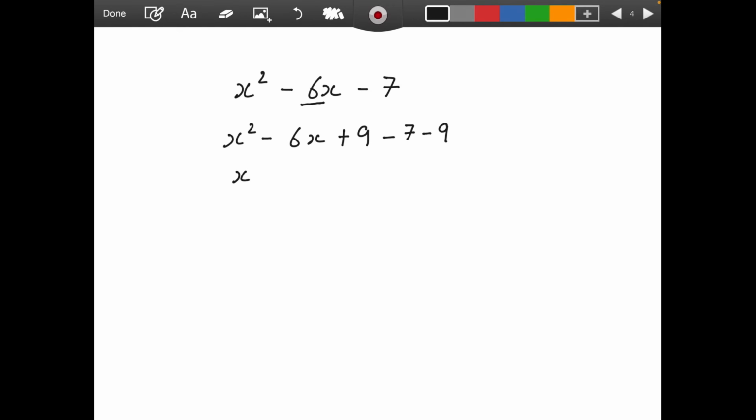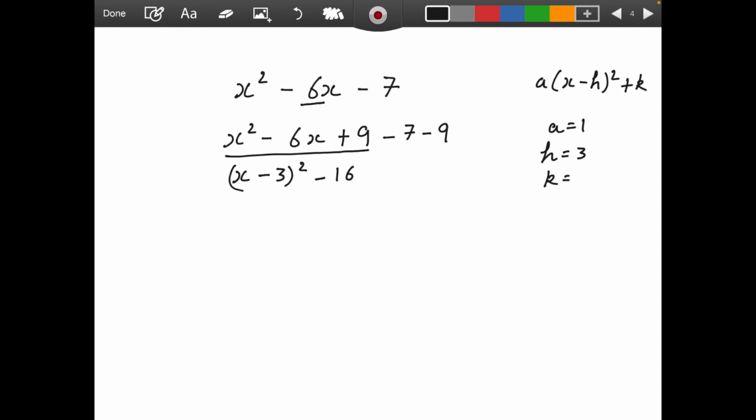So this whole expression here would become x minus 3 square, and here minus 7 minus 9 would become minus 16. Now we have written this in vertex form. The vertex form, as we remember, is a into x minus h square plus k. Let's find the values of a, h and k. So a is equal to 1, h is equal to 3, and k is equal to minus 16.